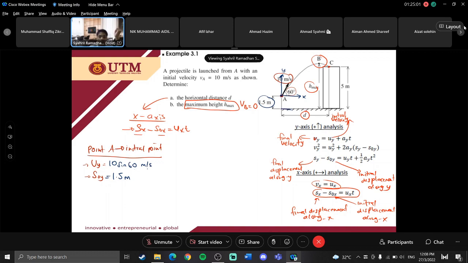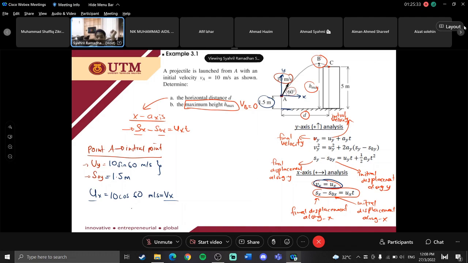That is for the y component, and then we go on to the x component. You have ux is 10 cos 60, and the direction is to the right, which is positive. So 10 cos 60 meters per second, and based on this analysis, ux is equal to vx. Throughout the projectile motion, the velocity is the same, which is 10 cos 60.